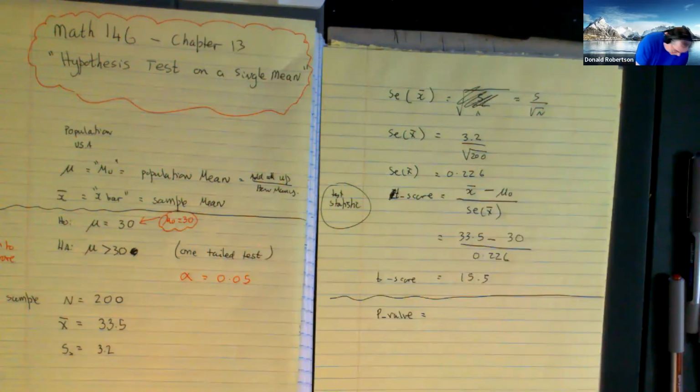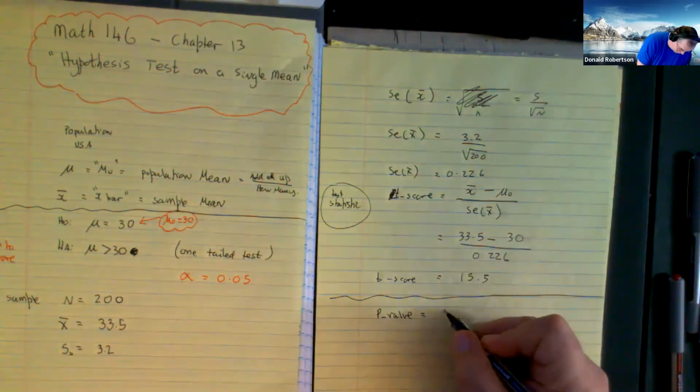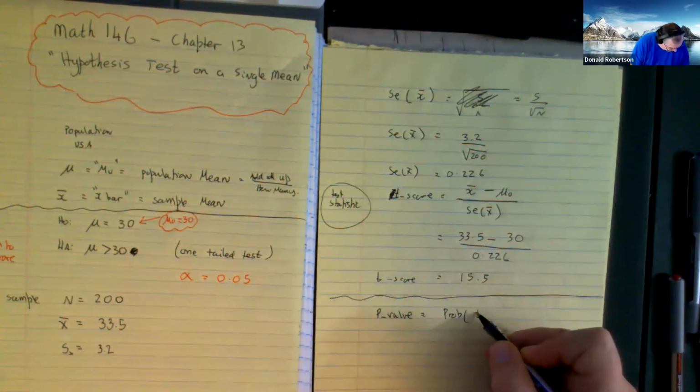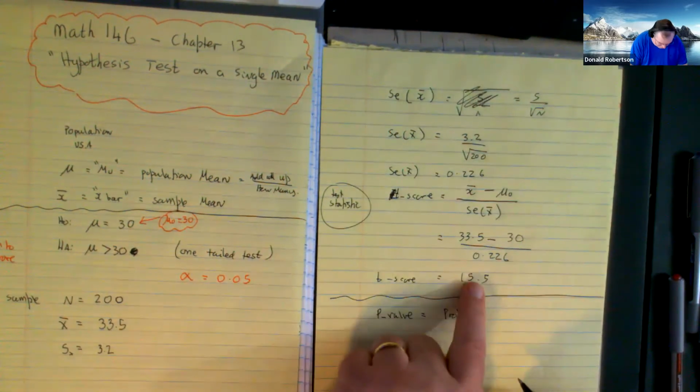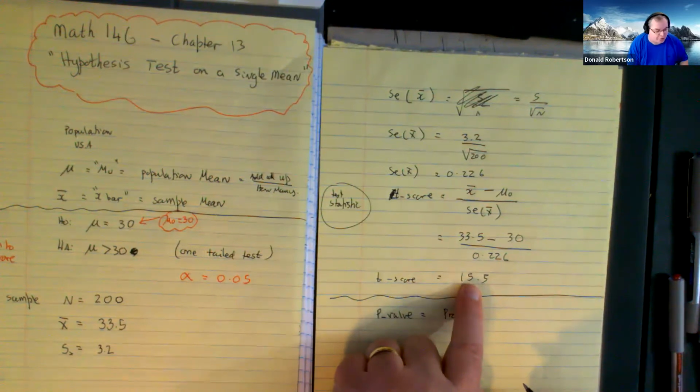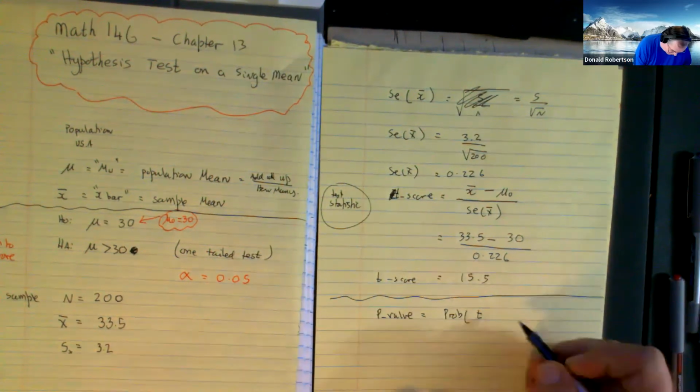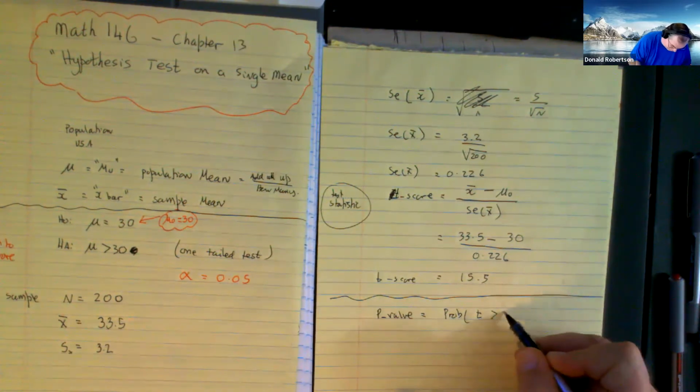And the p-value is the probability that you get a T-score greater than, less than, or not the same as. It's just like the usual. Right, you see how this guy is greater than 30? We want that.